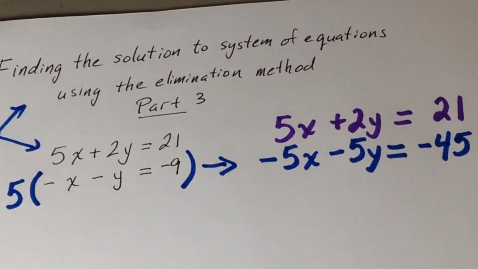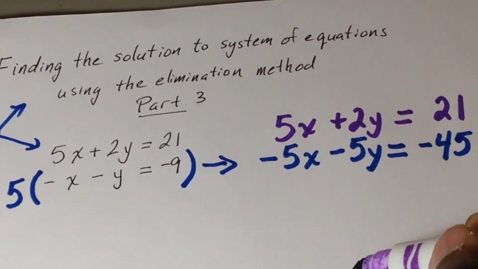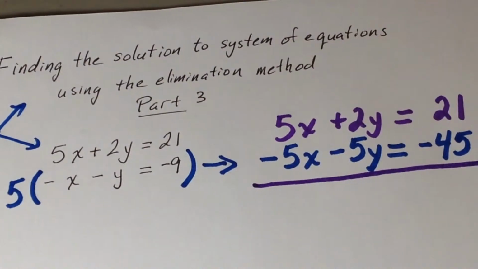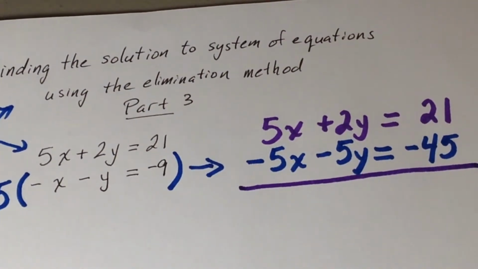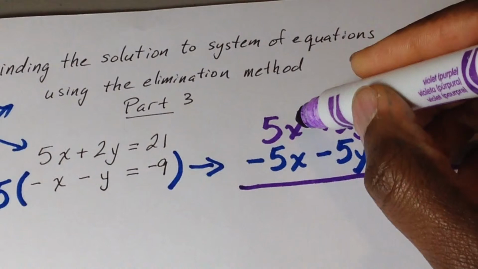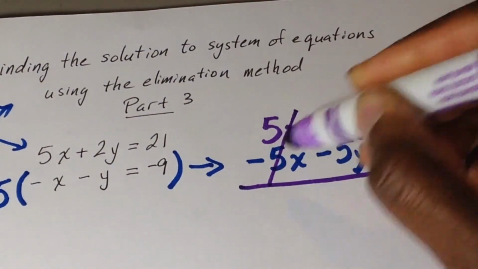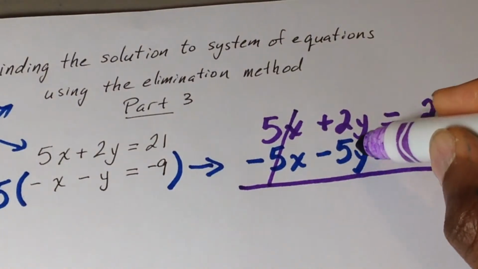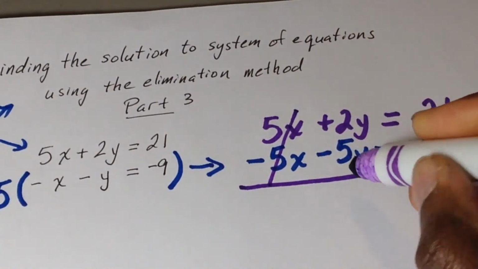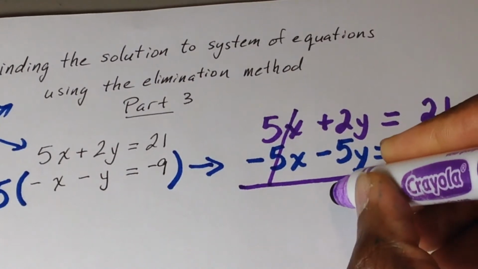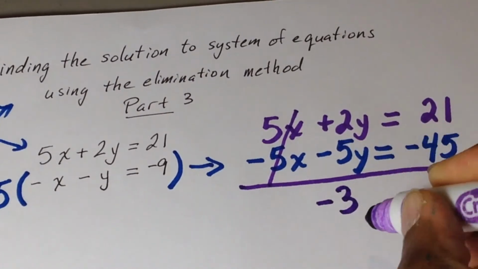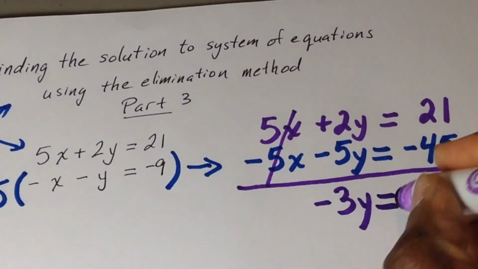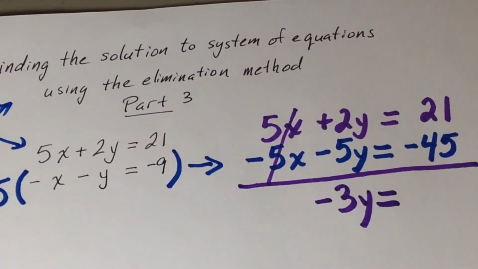All right, so now let's do this. Remember, we have to, that's right, add the equations. You're getting good at this now. So now this is going to eliminate the 5x and the negative 5x. I have 2y with a negative 5y, and what I'm going to get is negative 3y, which will be equal to 21 and a negative 45.